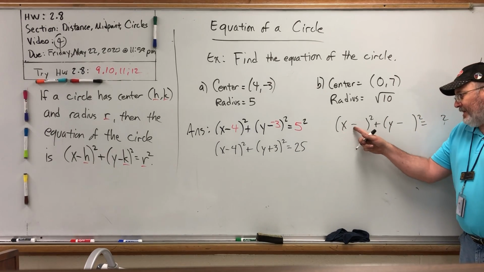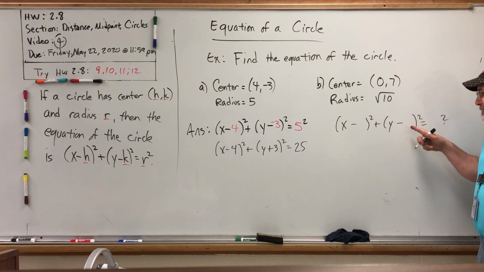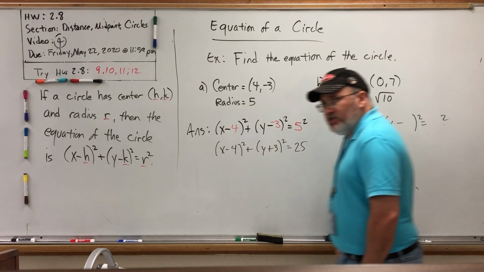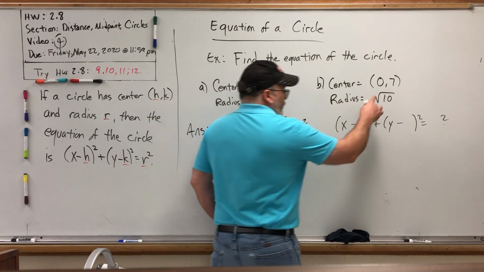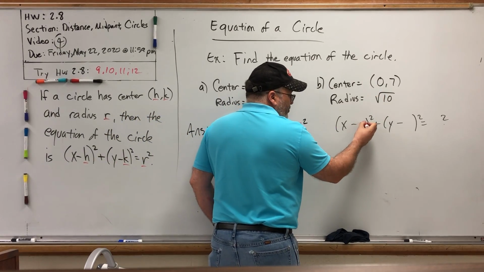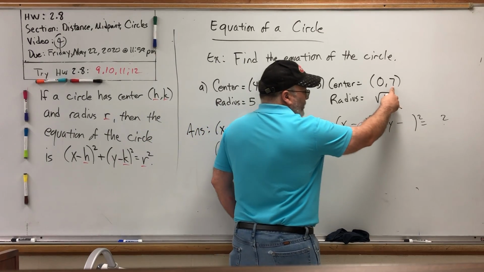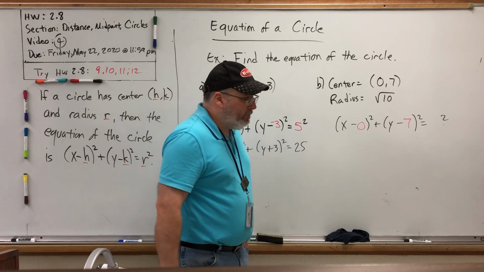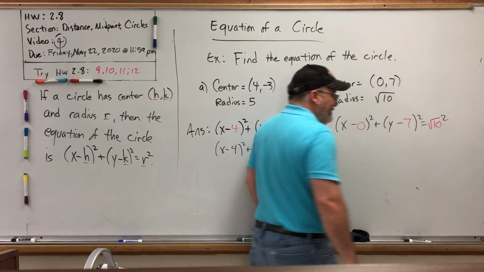So parentheses x minus blank squared plus parentheses y minus blank squared equals blank squared, and then just fill in the values. The x coordinate of the center, 0, goes after the x, so x minus 0. The y coordinate of the center, 7, goes after the y, so y minus 7. And the radius goes after the equal sign and gets squared.